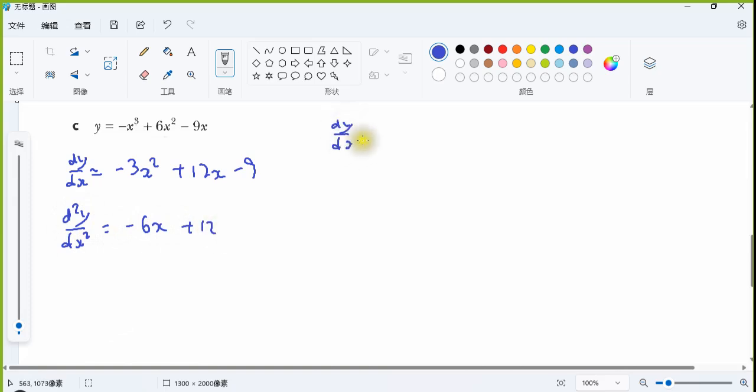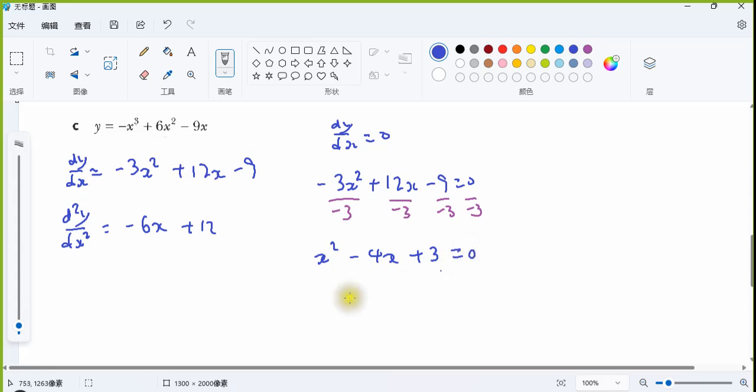So if we have dy/dx equal to 0, then we have negative 3x squared plus 12x minus 9 equal to 0, divided by negative 3. Then we will have x squared minus 4x plus 3 equal to 0. And we do the factorization, (x minus 1)(x minus 3), x equal to 1, x equal to 3.